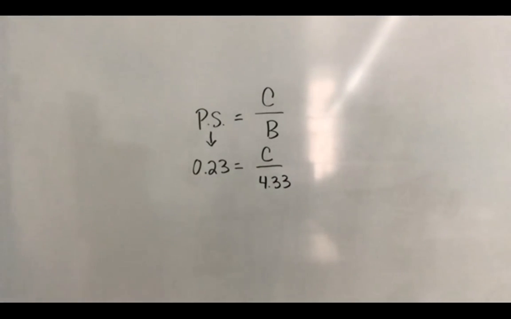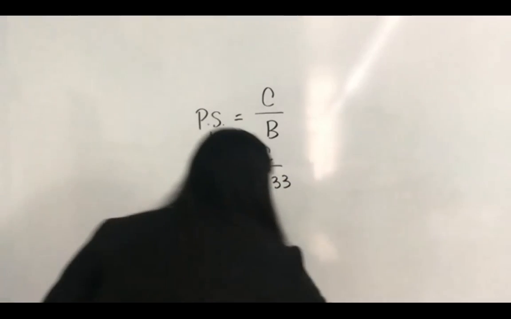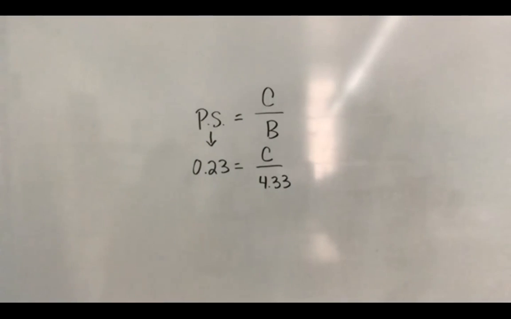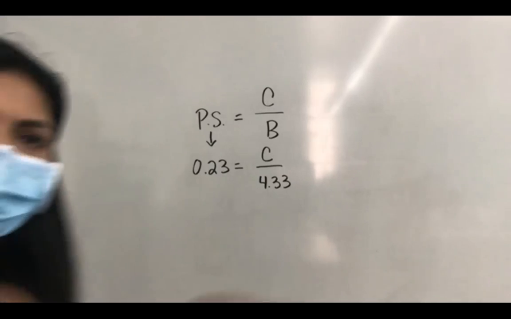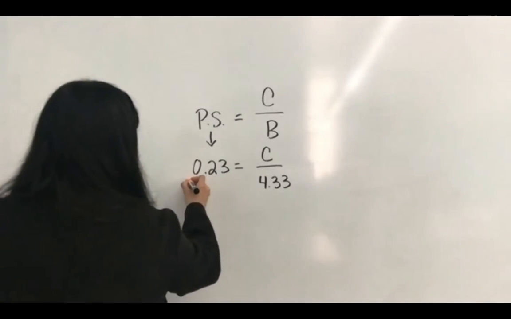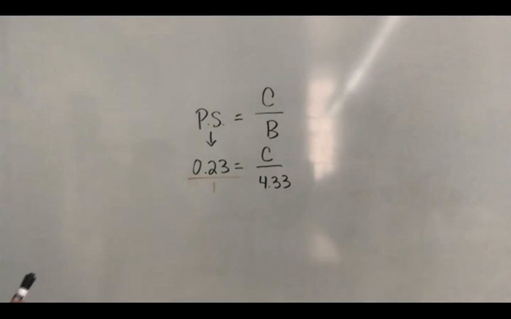So we set this up. What are some ideas? This actually looks very similar to how we did B. So we can put one over one, right? Yeah, you put this over 1. And then what do we do after that? Then we cross multiply.